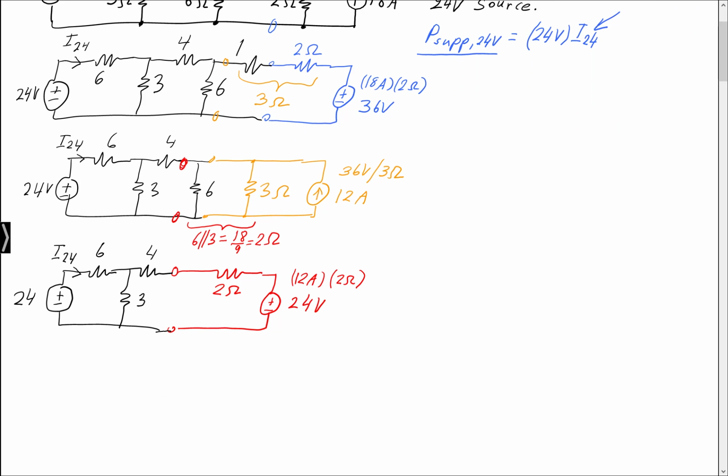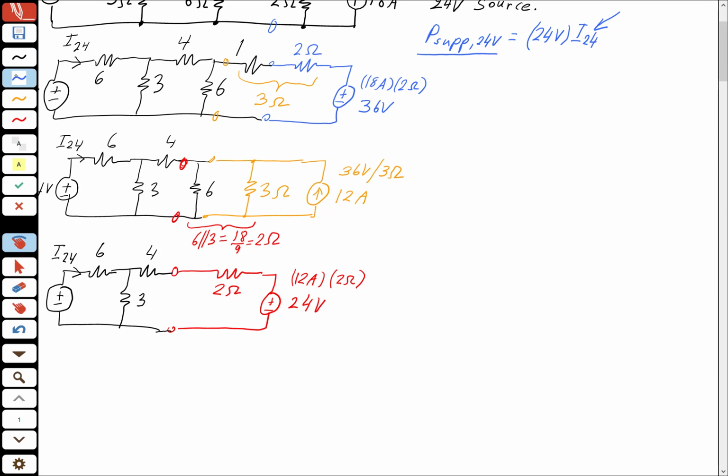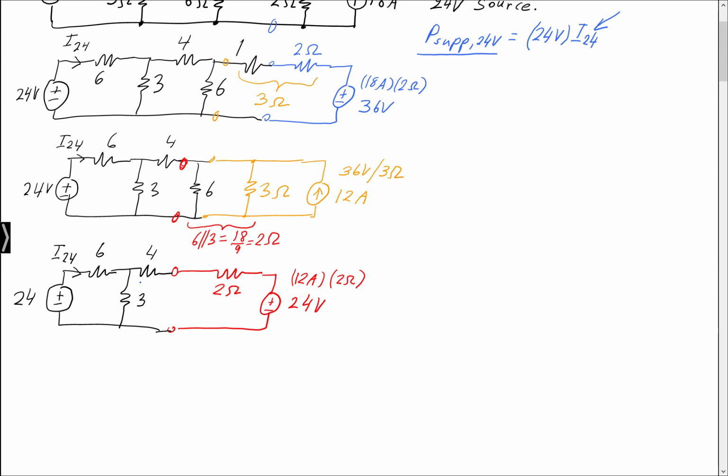What do we see now? Well, what we see now is that the 4 ohm and the 2 ohm are actually in series. That's simply 6 ohms. So in effect, if you look to the right of these 2 circles, we see a 6 ohm resistor in series with a 24 volt source.